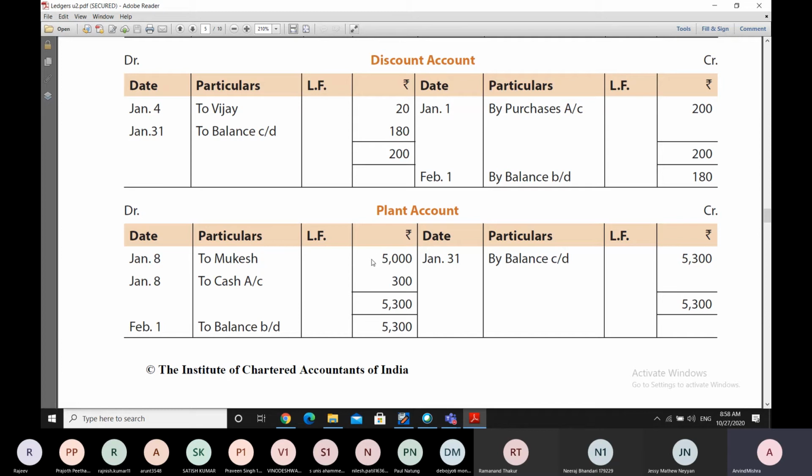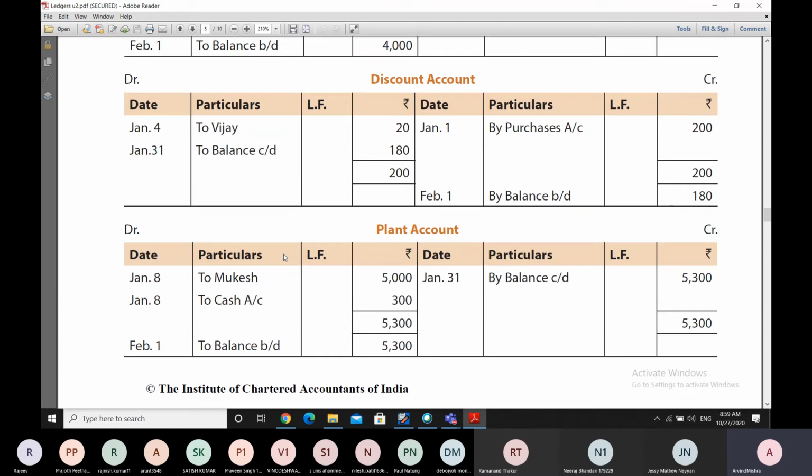But when we purchase something, a plant, let's say, and plant doesn't mean paudha. Plant means plant and machinery. So the plant has been purchased from Mukesh, and for that the credit entry has been made in Mukesh's account. So this 5,000 rupees will have to be paid to Mukesh in the future. So what is the journal entry here? The journal entry would be plant account debit 5,000 and Mukesh credited 5,000.